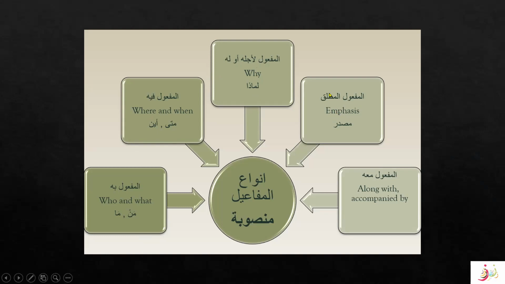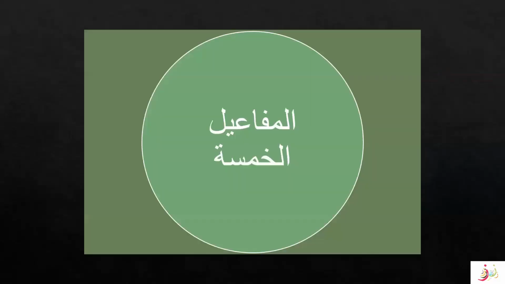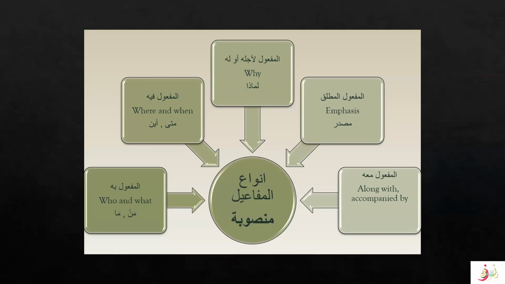Maf'ul mutlaq gives the answer for emphasis, or it can be a masdar in a sentence. It has other forms, and we'll inshallah learn that. And maf'ul ma'hu is when somebody is along with or accompanied by someone. So these are the types of maf'ul that we are going to learn.